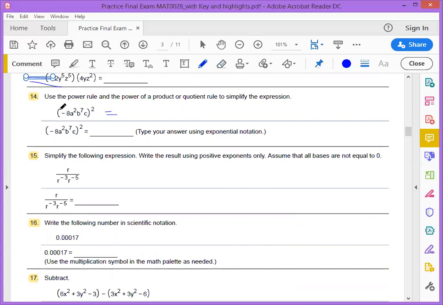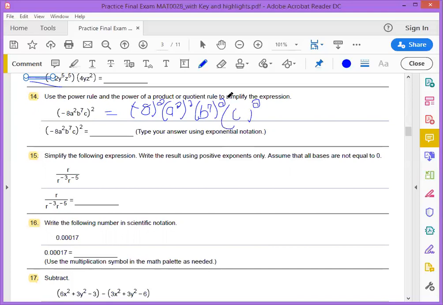So you have -8 raised to the second power, a squared raised to the second power, b to the 7th power raised to the second power, and then c raised to the second power.